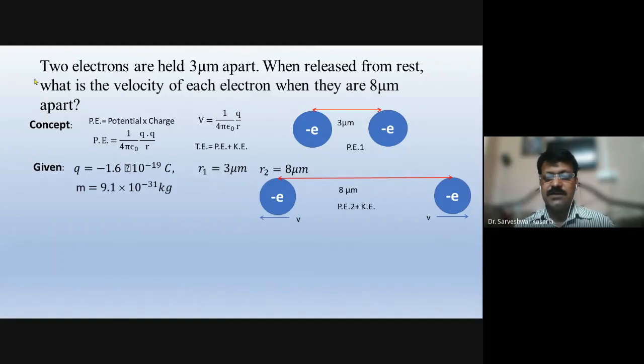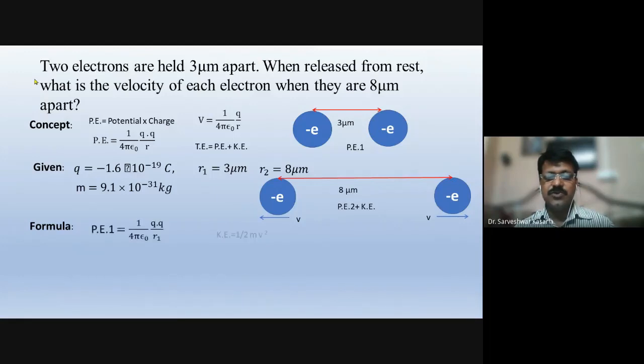Here for the second situation we say potential energy 2 plus kinetic energy. In the first condition there is only potential energy because the two electrons are at rest. There is no kinetic energy in the first case, and in the second case both kinetic energy and potential energy are there. So as I said, potential energy 1 is converted into potential energy 2 plus kinetic energy.